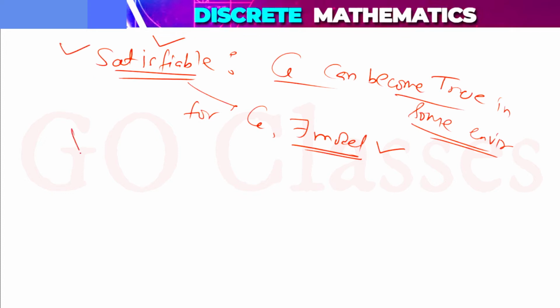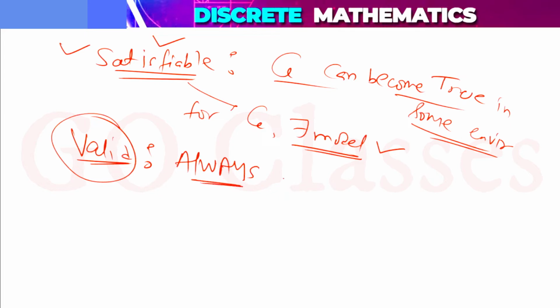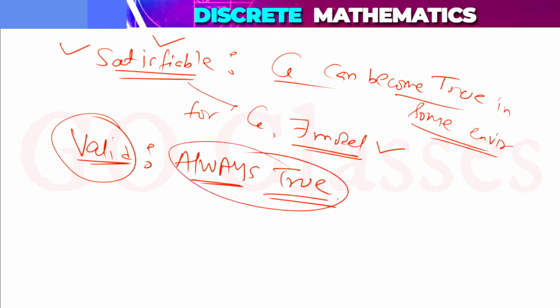Now what is the definition of valid? Valid means always true. A formula is valid if it is always true in all the models, which means there does not exist a co-model.